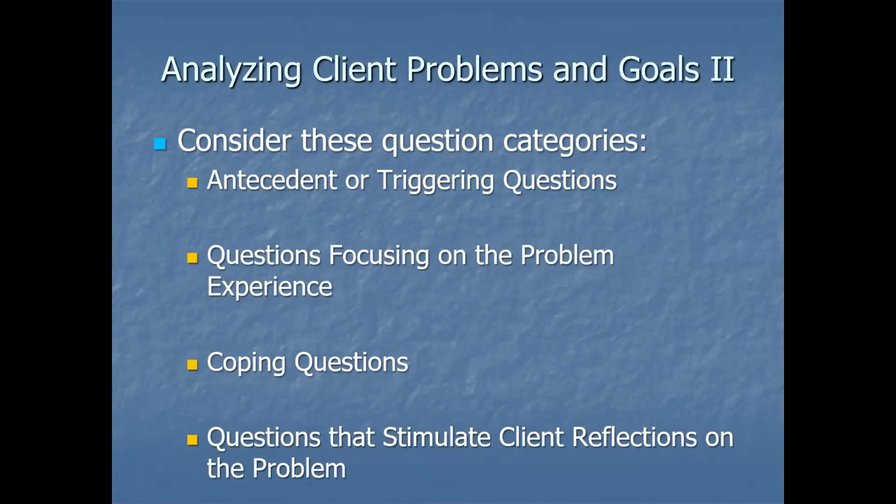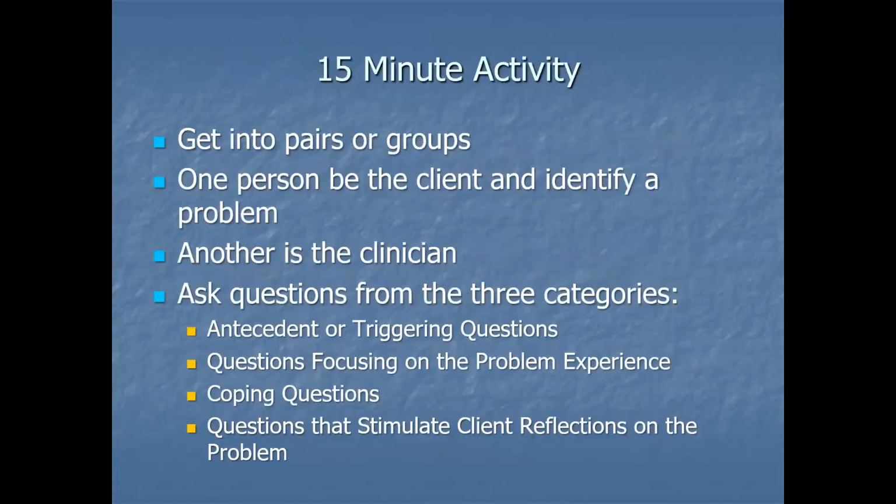So when we are analyzing our client problems, we're probably going to want to look at a couple of different things. The different question categories that we're going to look at include the antecedent or triggering questions, questions focusing on the problem, coping questions, and questions that stimulate client reflections on the problem.